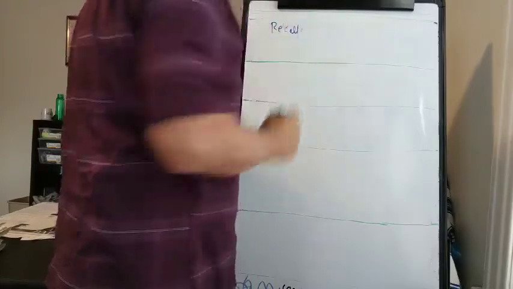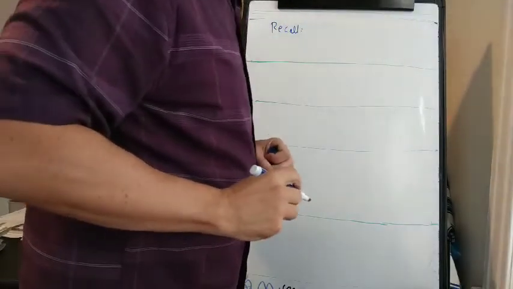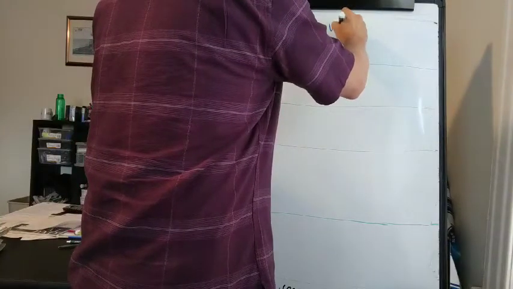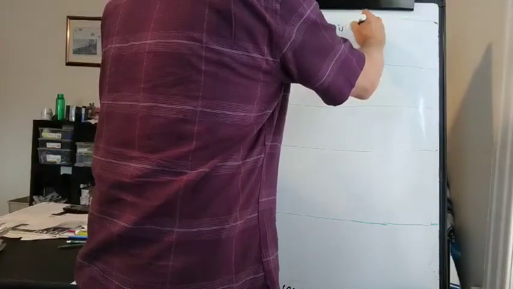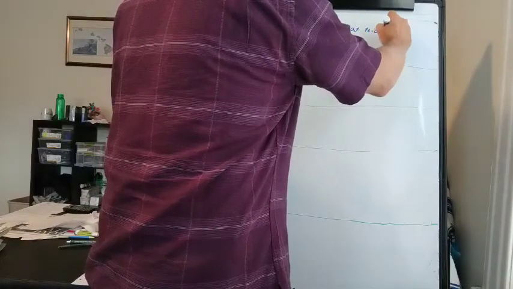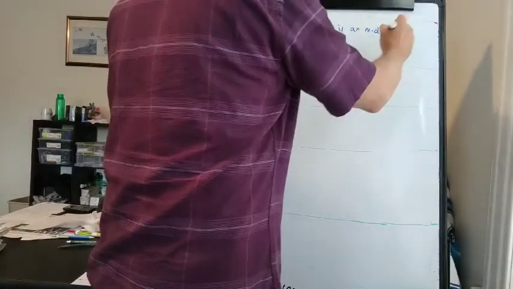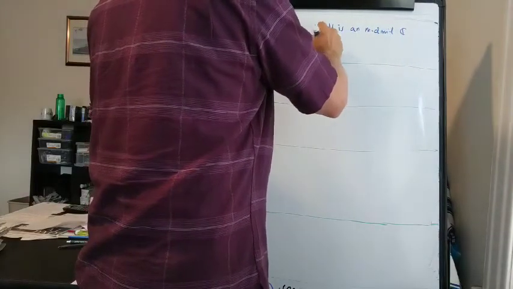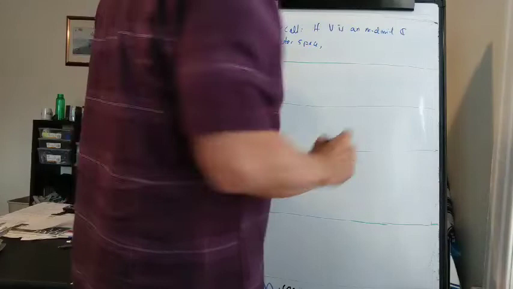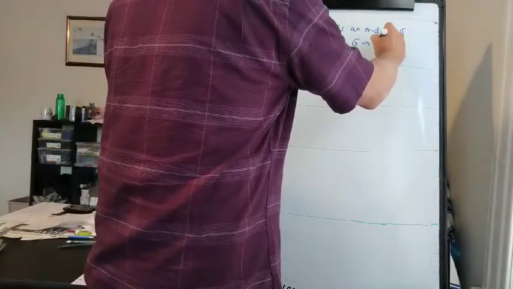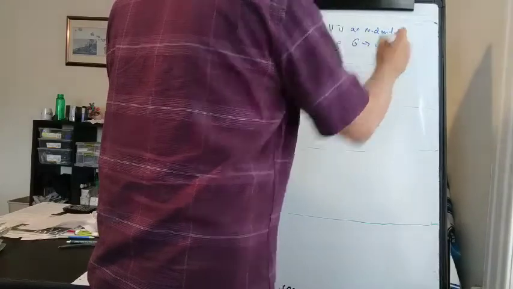So recall our definition of representation and character. Let's let V be an m-dimensional complex vector space. And let's let rho be a map from G to GL(V). Well, a homomorphism.